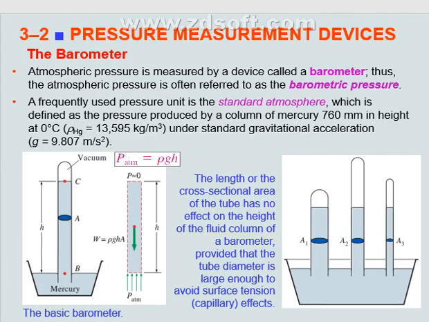Section 2. How do we measure the pressure? You see, guys, we have different kinds of equipment and devices to measure the pressure. The first one is the barometer, which is used to measure the atmospheric pressure. The concept is very simple and easy.